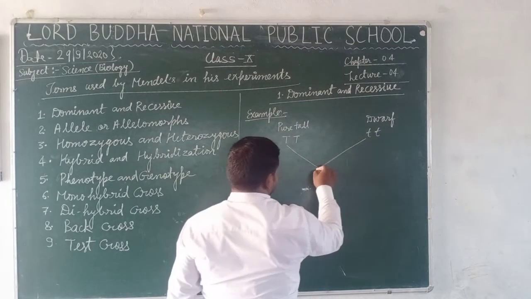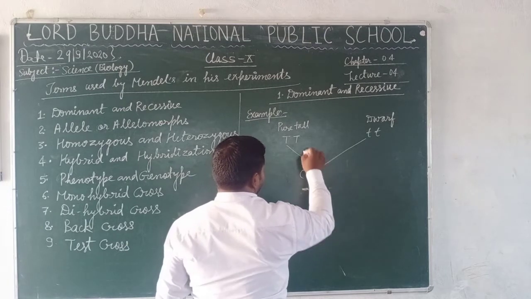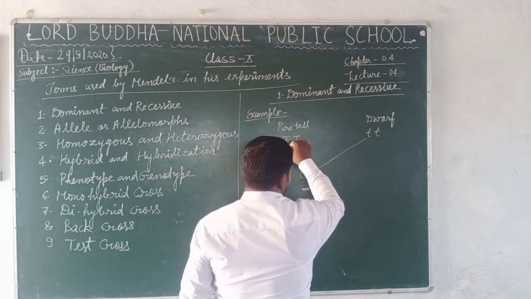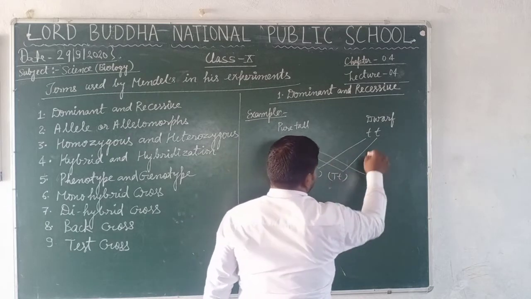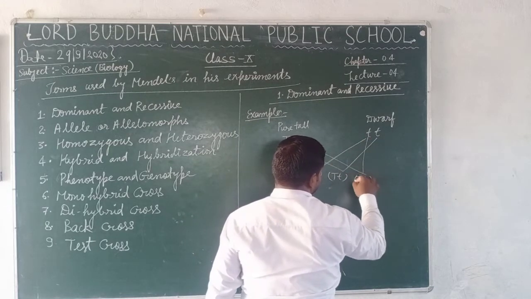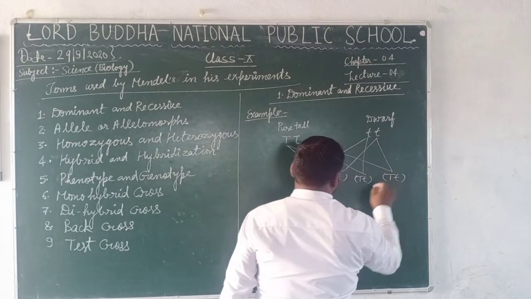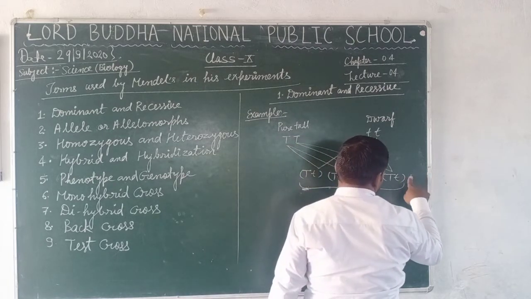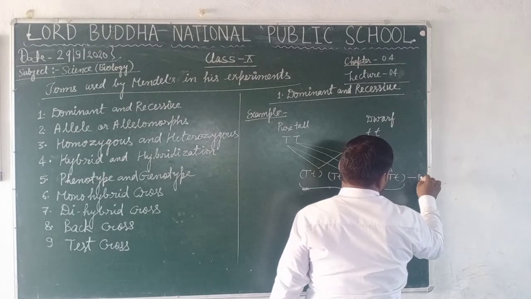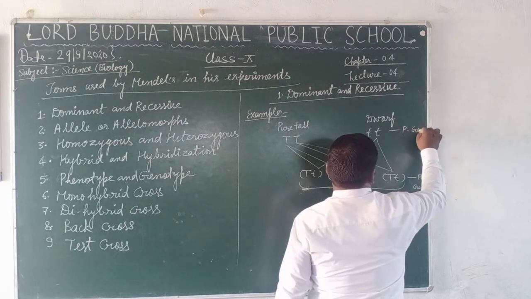After cross hybridization, the individuals obtained have the characteristics capital T small t, capital T small t, capital T small t. Thus this is the F1 generation, and this is the parental generation, so called P generation.